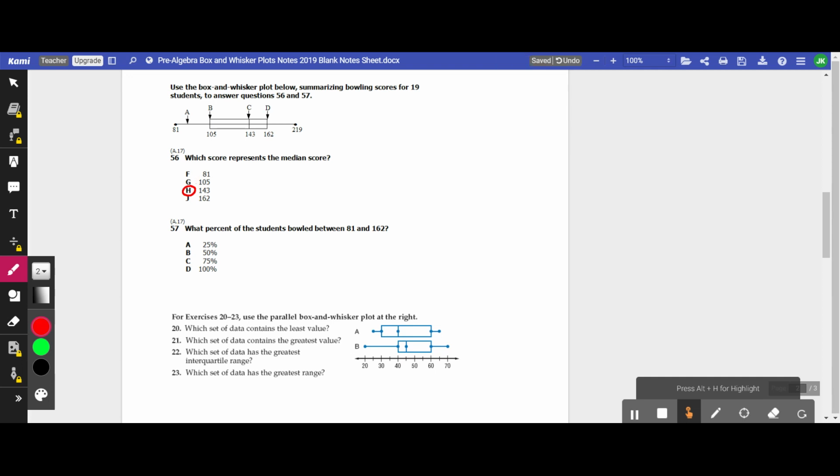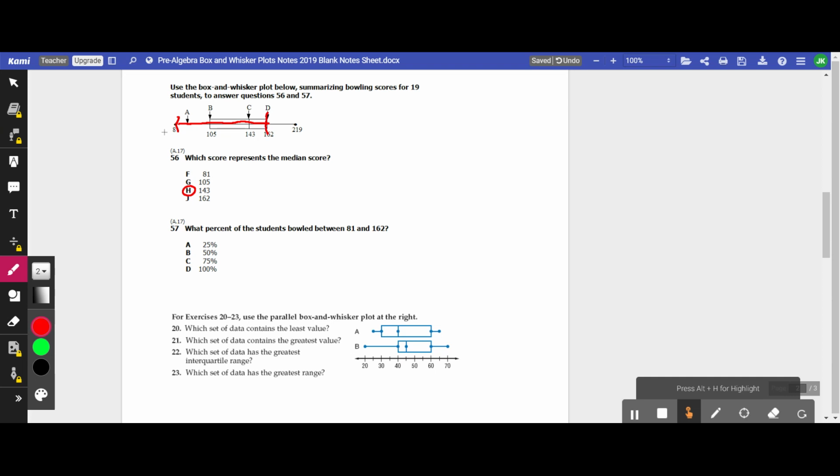And then the next question is asking what percent of the students bowl between an 81 and a 162. This starts at 81 here and goes up all the way to 162 there. Remember, each section of your box plot represents 25% of your data.